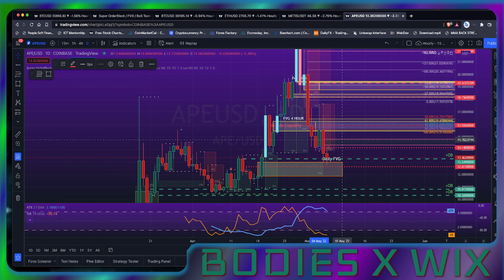So that's the kind of thing I would be looking for in APE, either a run up and then a drop off, or a consolidate and then run up. One of the two. And then in the next couple days you'll know, because you'll know how the weekly candle is formed, right?